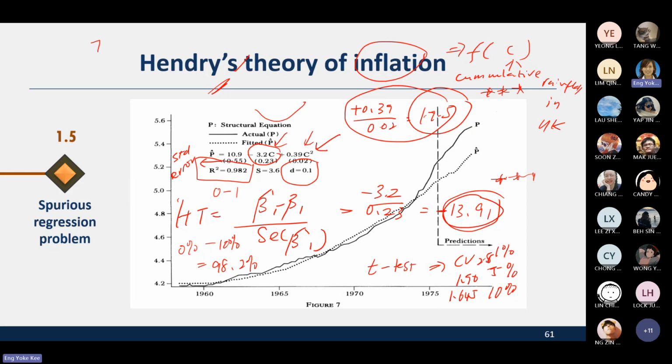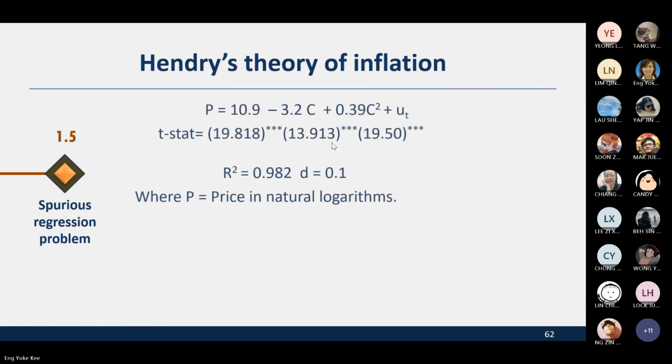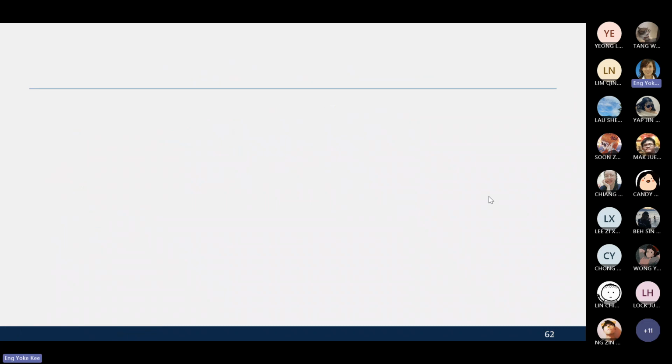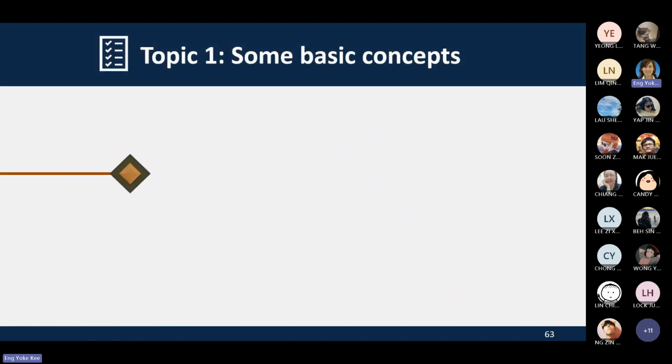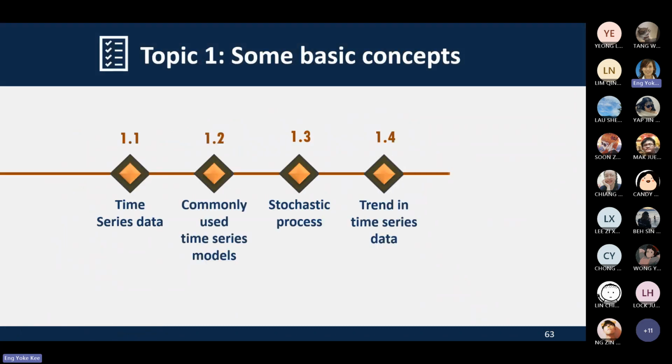Okay, so this is what you see. When the series is trending, the regression will tell you a very misleading result. So that is what we call the spurious regression problem.